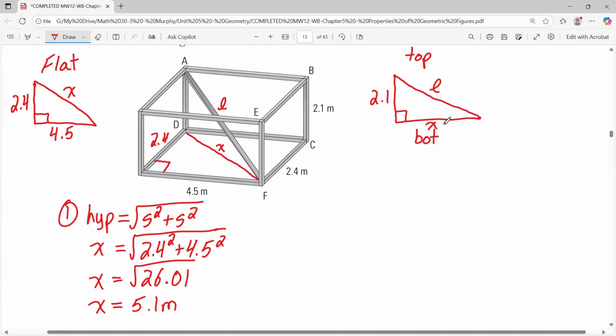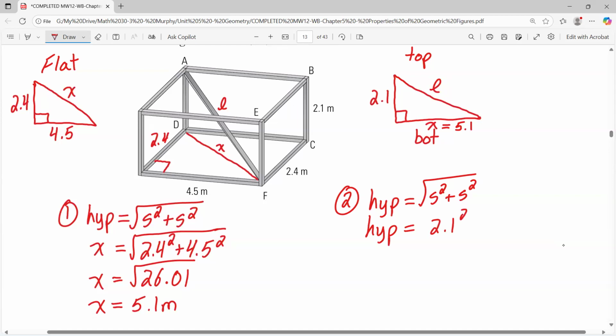So now we can take that and go up here. And now this is 5.1. And then we can do it one more time to find the cross member piece. So length, so that's hypotenuse again. One of the sides squared, doesn't matter which one you pick, plus the other one, square root. 2.1 and 5.1, and square root it.